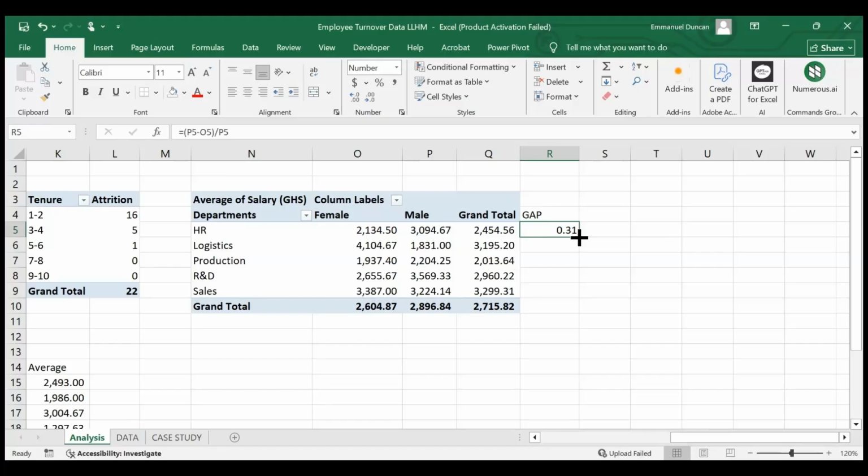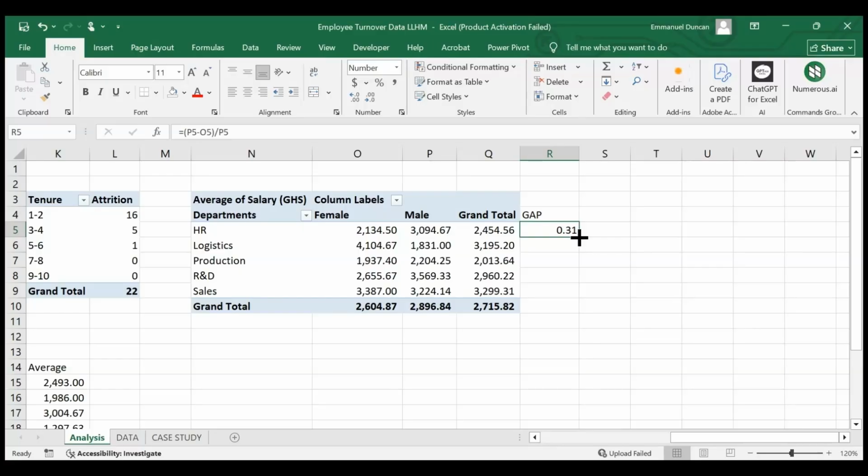So we have 31% favoring the males. So in calculating for pay disparity, based on the formula that you use, when you get a positive sign, it indicates that the salary favors the males.